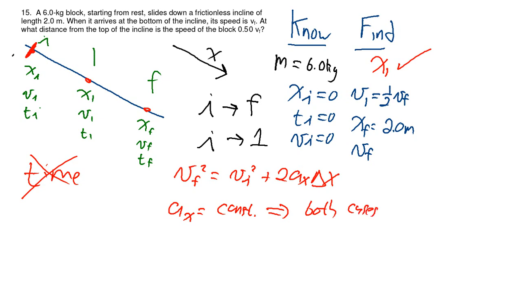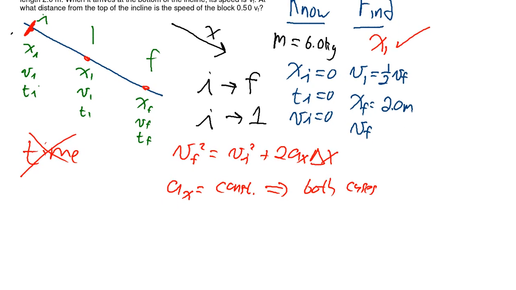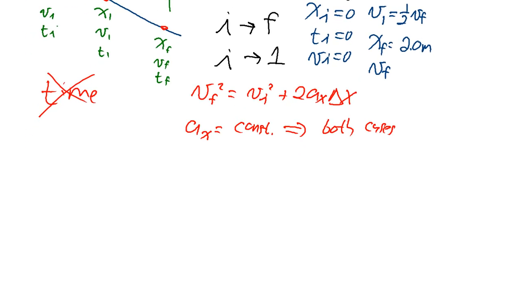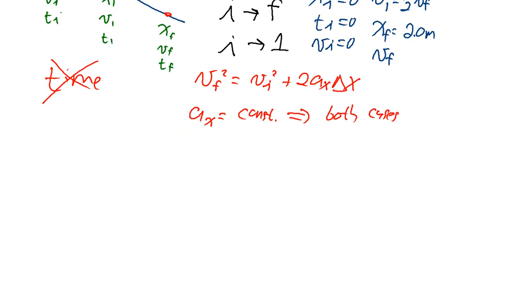We can write down that kinematic equation for both situations. For the first case, where we go from the initial point to the final point, v final squared equals v initial squared plus 2a sub x times x final minus x initial.